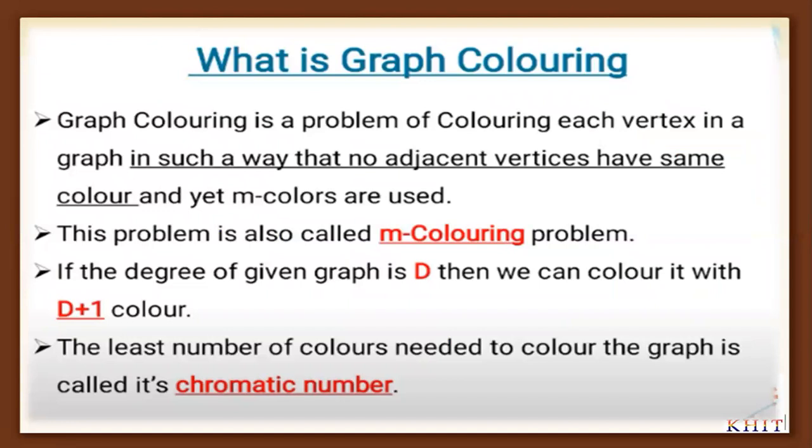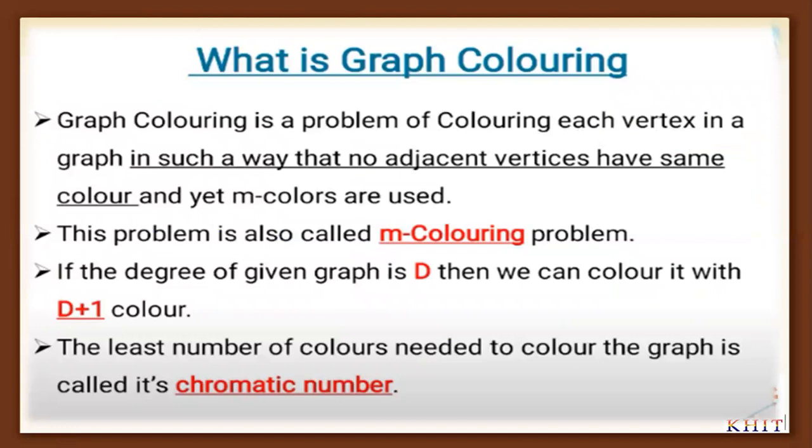First, we need to learn the definition of the graph coloring problem. Graph coloring is a problem in which we need to color each vertex in the graph. Consider there is a graph.